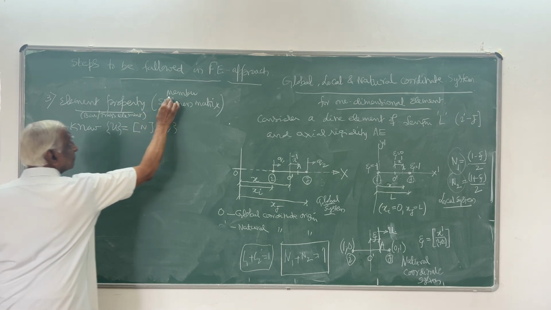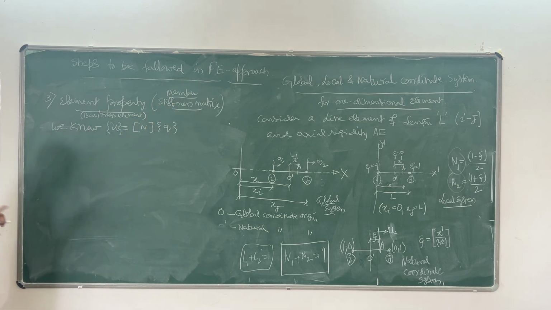Element property, local coordinate, mind it. Each and every word is important. Element property means in local coordinate, Km only I am writing, not global. Local coordinate. So this natural coordinate system is also a local coordinate system.